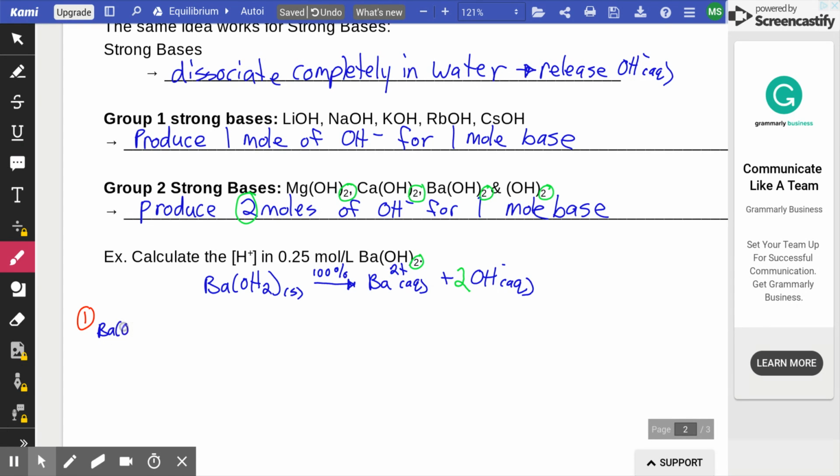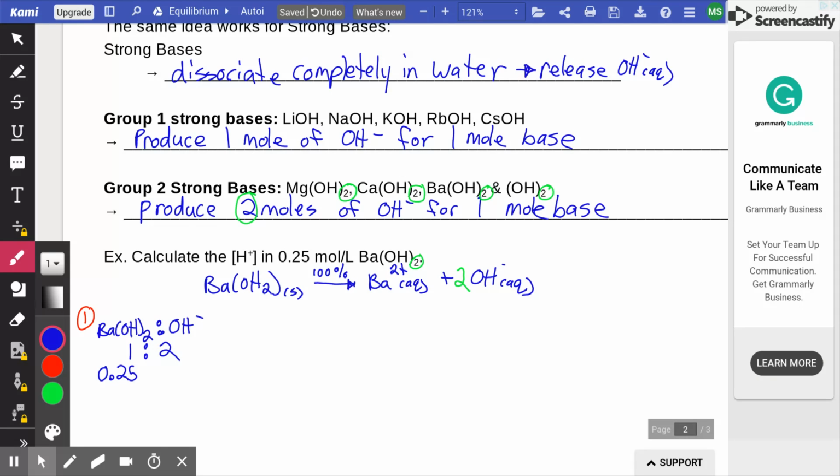So we have our barium hydroxide in a ratio with our hydroxide ion. We know that it's a group 2 base, so it's a 1 to 2. There is 0.25 mole per liter, and in case you're wondering where we got this number from, you just look up here, and you're given 0.25 mole per liter barium hydroxide.